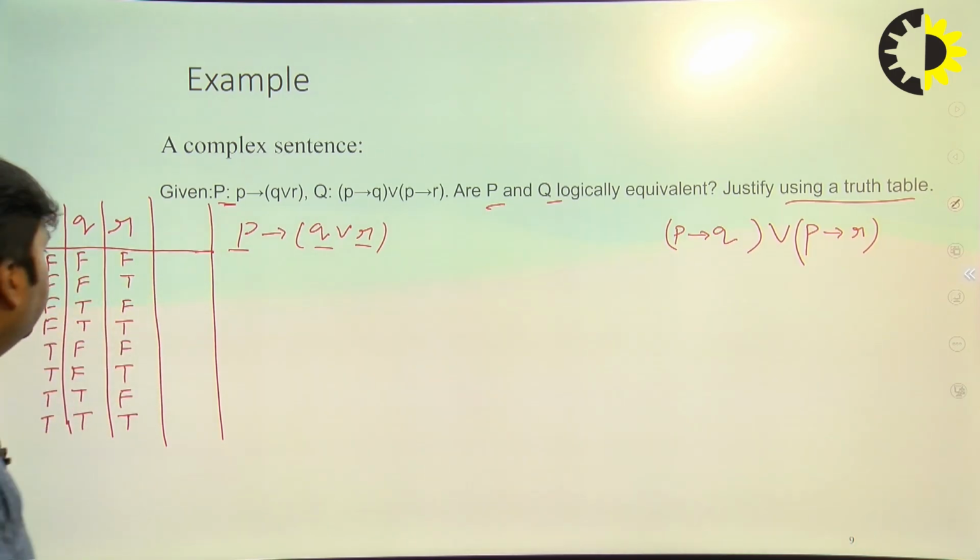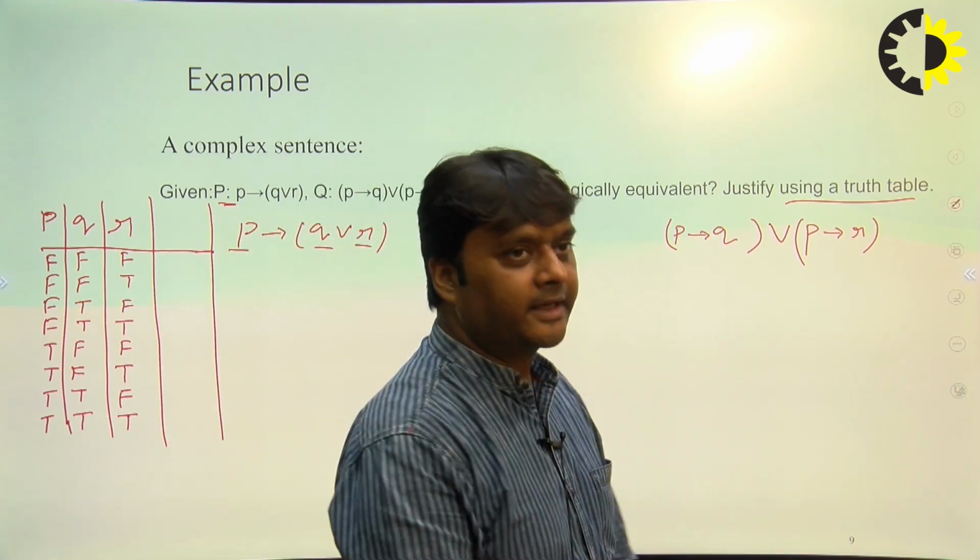P, Q, R are three variables. So if there are three variables, then there will be 8 rows.